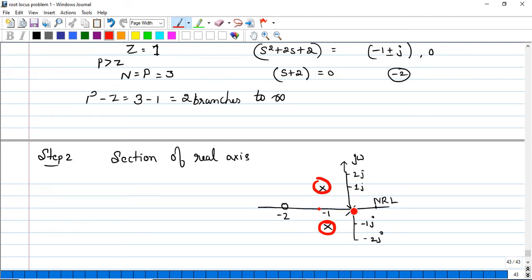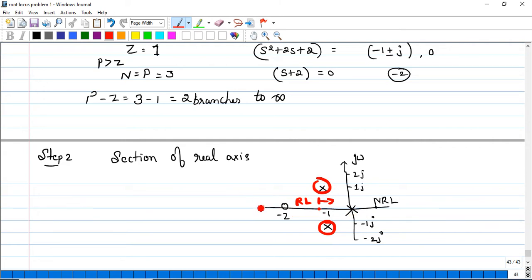While counting you need to consider both poles and zeros. Here I have only one pole towards the right side. The count is odd, meaning from 0 to -2 it is root locus region.